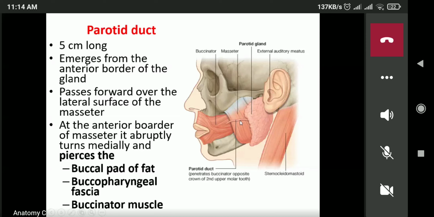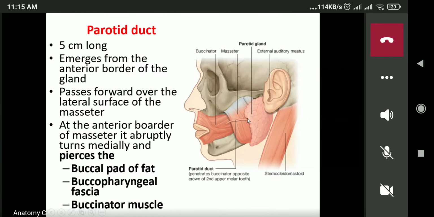At the anterior border of the masseter, it abruptly turns medially and pierces the buccal pad of fat, buccopharyngeal fascia, and the buccinator muscle. So here we can appreciate the buccinator muscle. The buccal pad of fat, buccopharyngeal fascia, and the buccinator muscle are the structures pierced by the parotid duct.